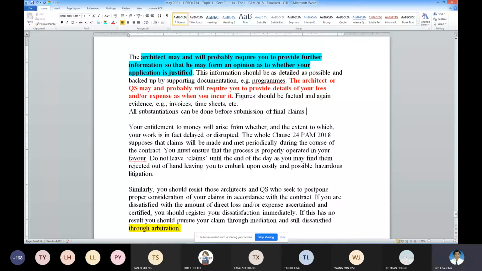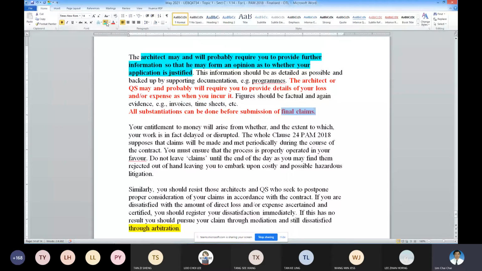So as usual, all this submission, if there are query, can be done before the final claim. But to me, as I say, the submission is try to do timely within the 28 days provided.